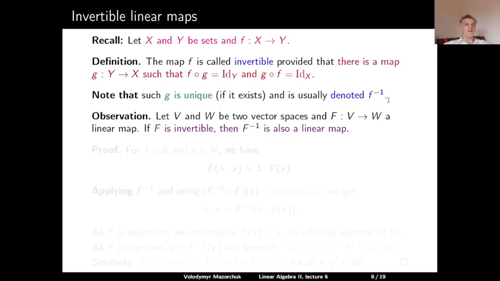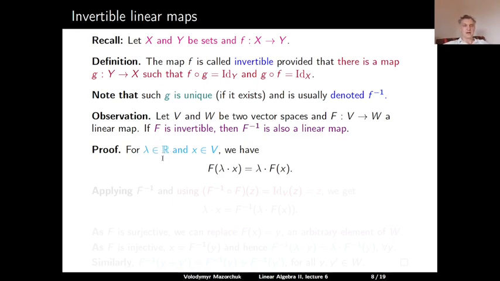Observation: let V and W be two vector spaces, and let F be a linear map from V to W. If the map F is invertible as a map, then the inverse of this map is also a linear map. To prove this, let's check one of the axioms for the linear map, and the remaining ones will be an exercise.